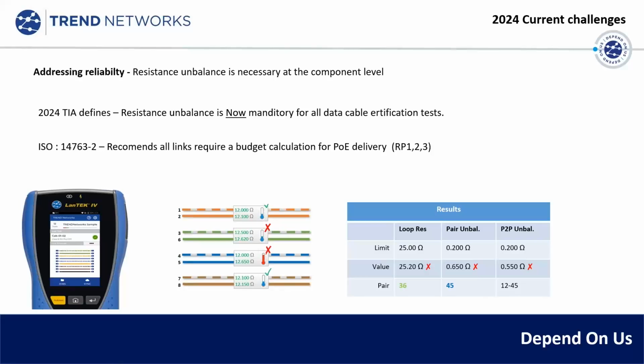And that's exactly in line with what we were thinking for as you deploy more security cameras into buildings, you're able to run them off PoE, okay? Whereas ISO would recommend that you do a test, you must test, but also do a budget calculation. And we'll see a little bit later why that budget calculation is important. It considers temperature. That's a little hitch that's so important for all of us, okay?